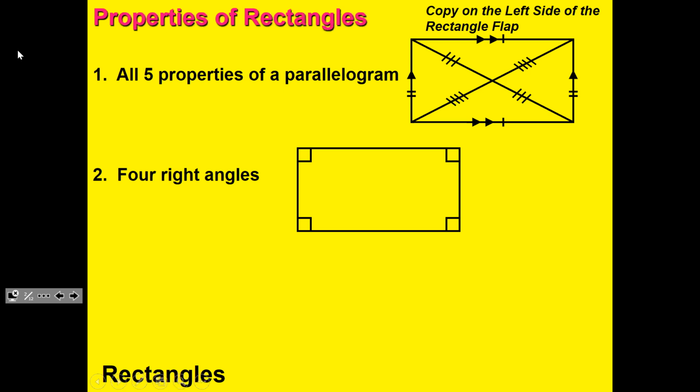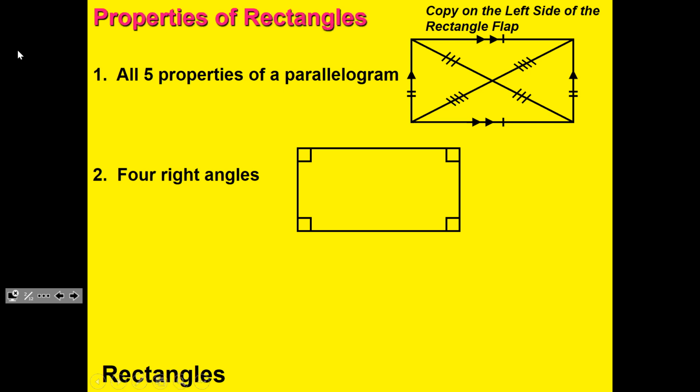So opposite angles will be congruent. Still holds true. They'll both be 90. Consecutive angles are still supplementary because 90 plus 90 is 180, right? So still holds true, just happens that all of them are congruent in our rectangles.